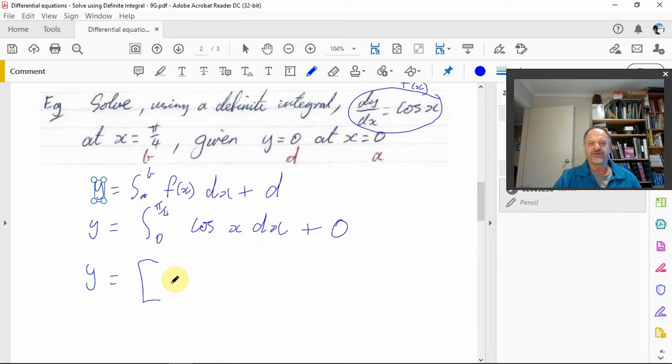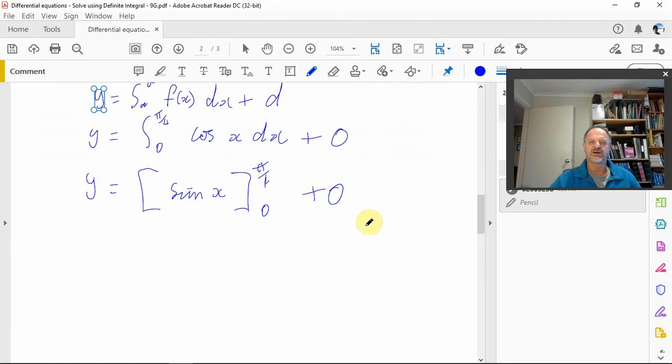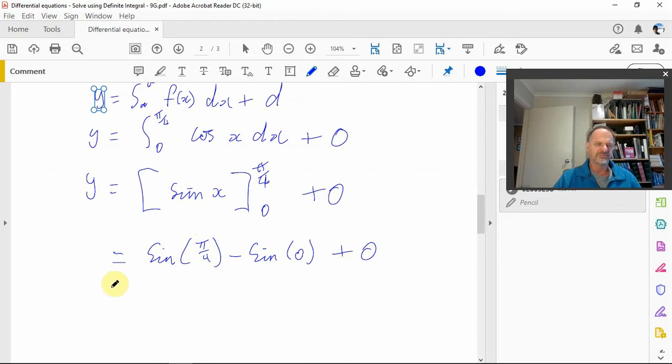So anti-differentiate cos, that comes from sine pi on 4, 0 plus 0, which is not necessary, but I'm just going to leave it all in there. So here we then have sine of pi on 4 minus sine of 0 plus the 0.